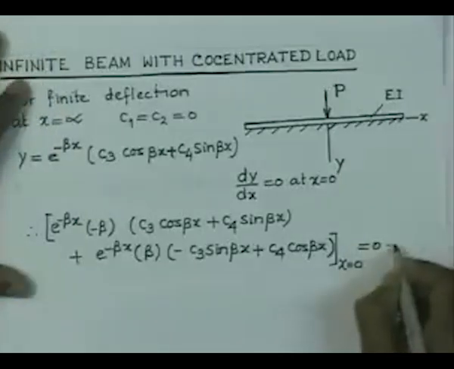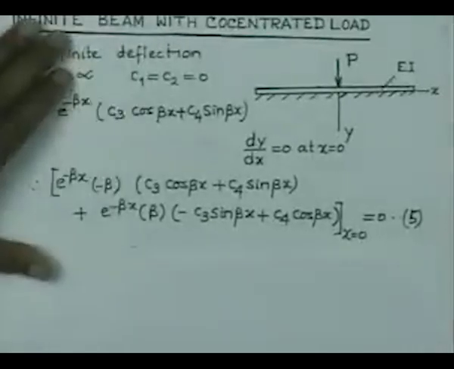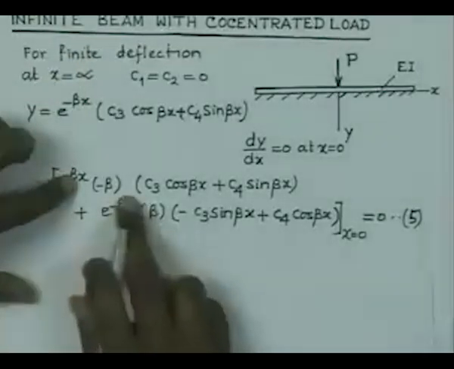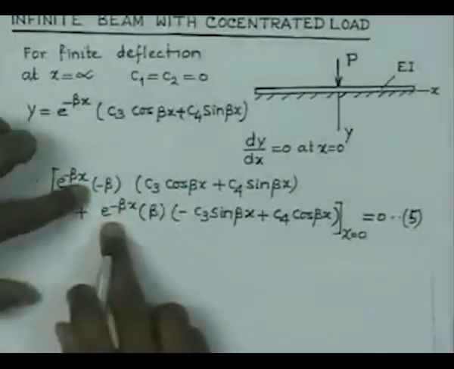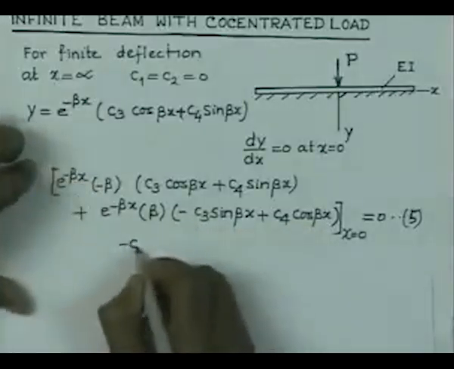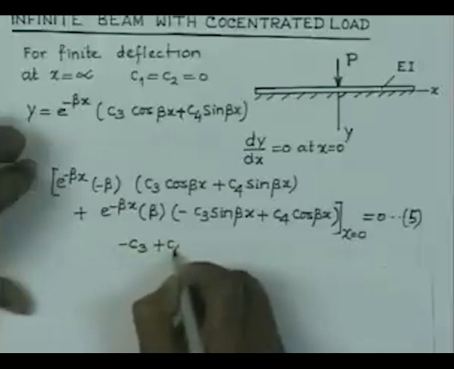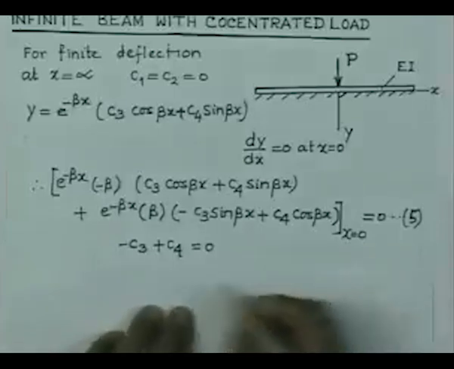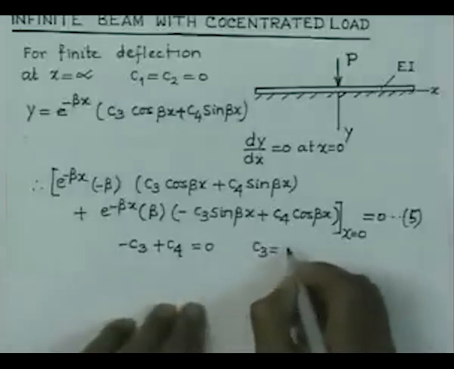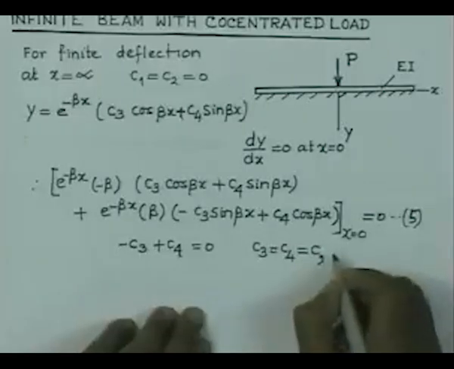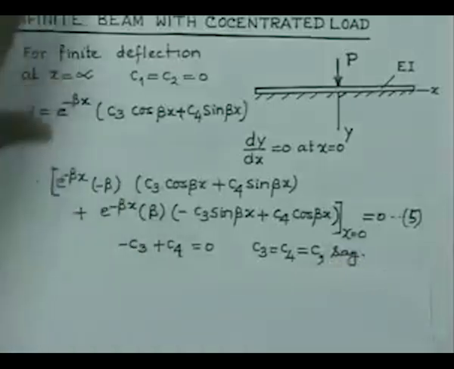So, that is equation number 5, and this gives us x equal to 0, this is unity, and therefore, we are going to get minus c3 into beta, and here again we are going to get c4 into beta. So, beta can be removed, and therefore, we have c3 plus c4 is equal to 0, that is the expression, and therefore, c3 equal to c4, and let us say that that is equal to a constant without suffix, and that is equal to c, let us say.